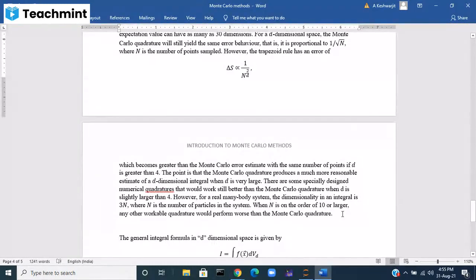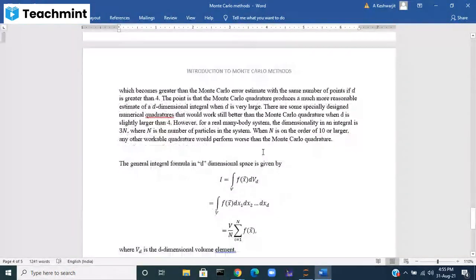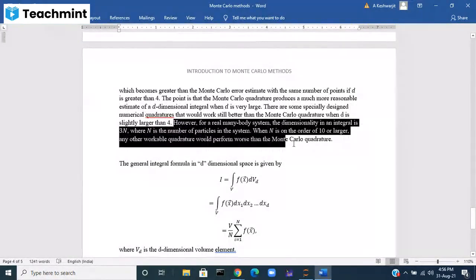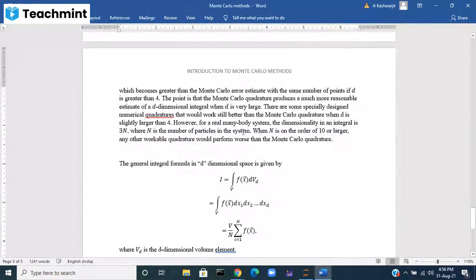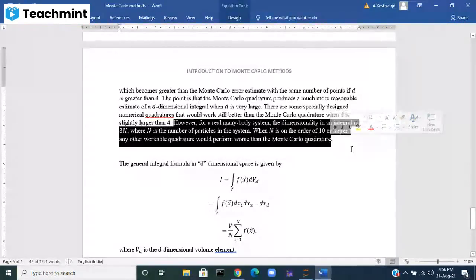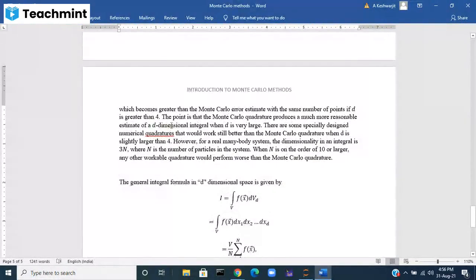When the number of dimensions is much larger than 10, the Monte Carlo method has real advantages. Here in this particular example, n is the number of particles, whereas in the earlier case, n is the number of points inside the domain.